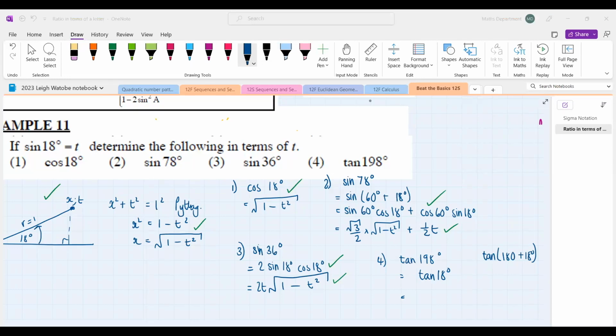It's the third quadrant. So it's positive tan 18, and tan of any angle can be written as y over x. Okay, so this is going to be written as t over root 1 minus t squared. Okay, any questions?